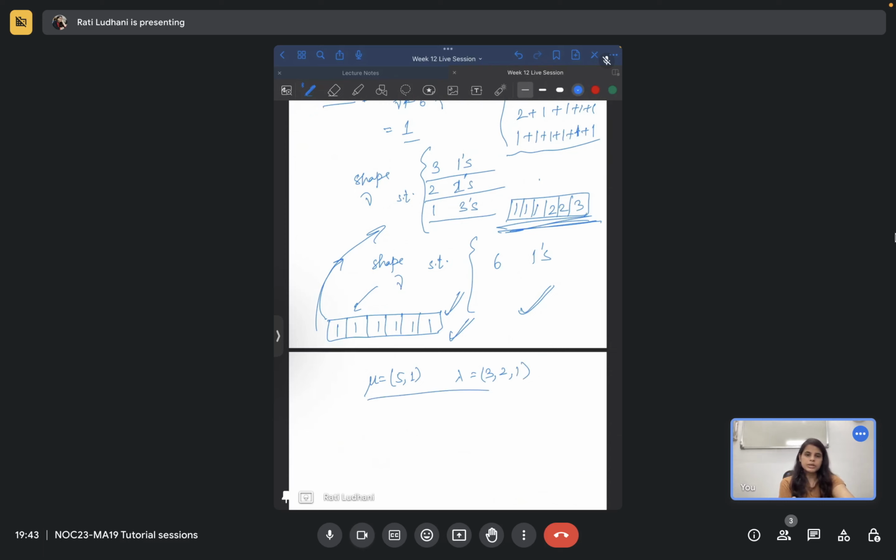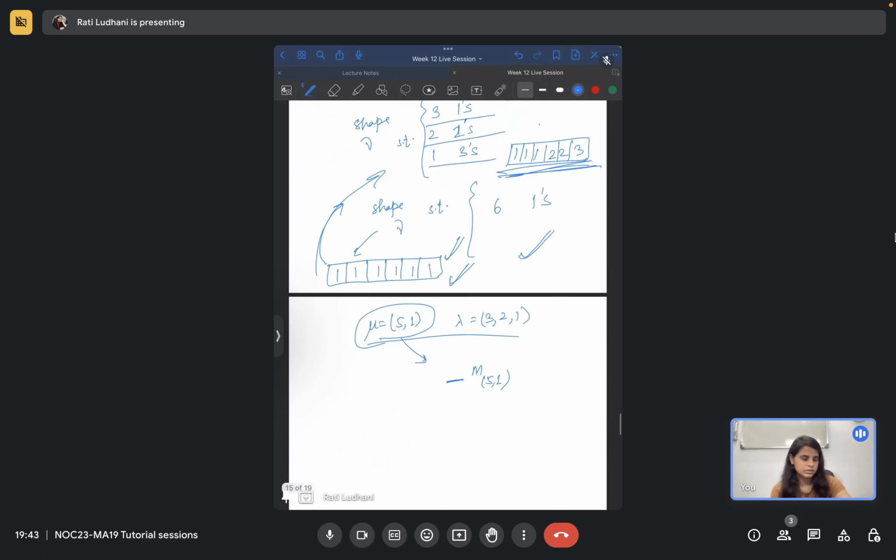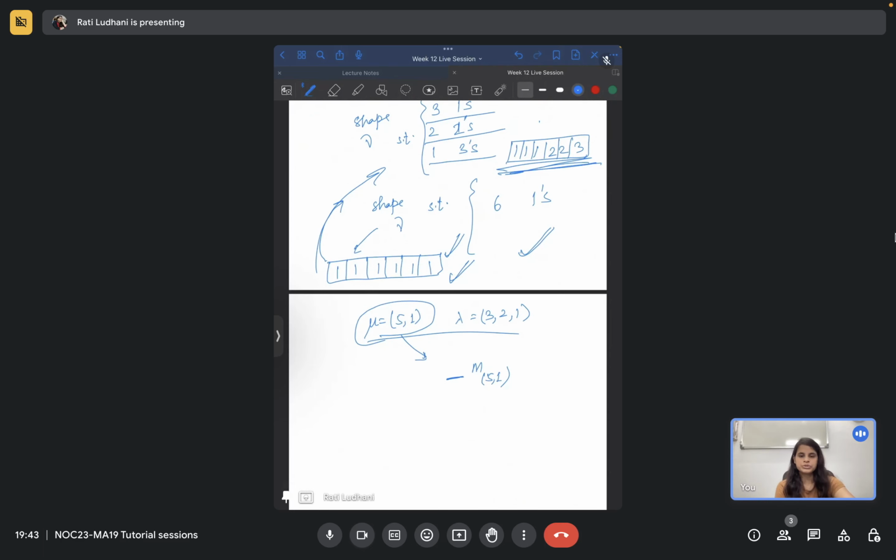If you are directly asked for the coefficient of m51 or m11111, you can just calculate for this part and answer that. You don't need to write the full function or calculate for all the partitions.